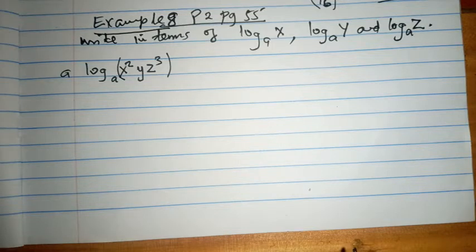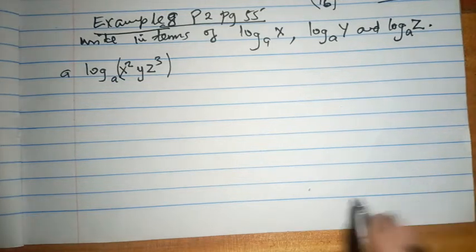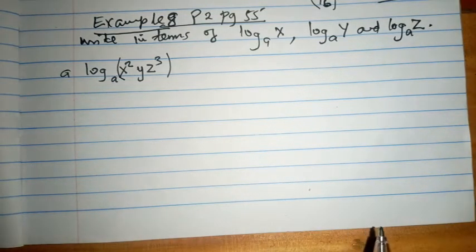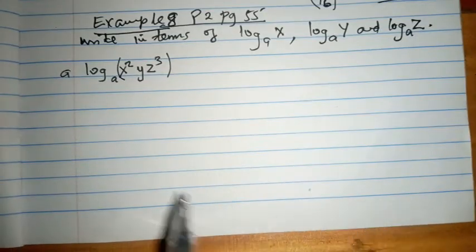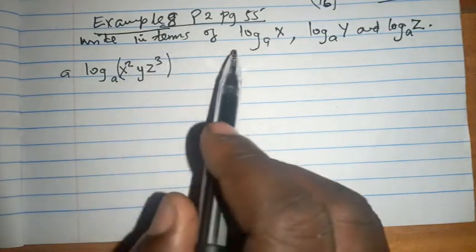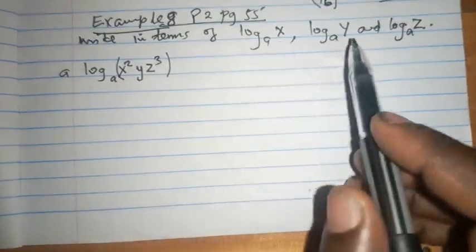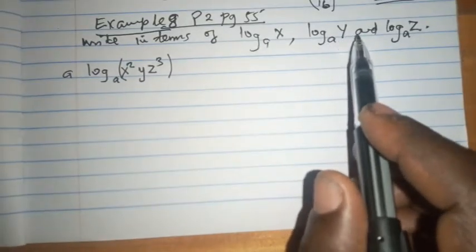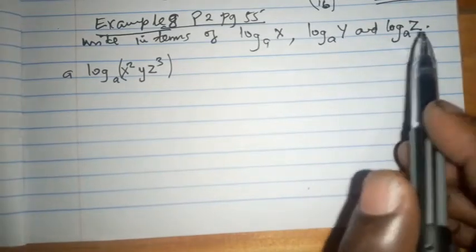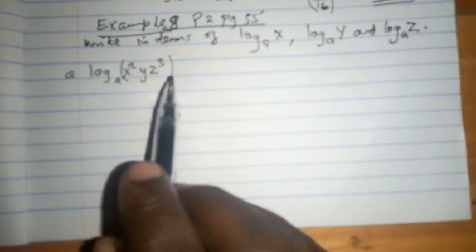The laws of logarithms are the ones which are going to be applied here. And the question is, write in terms of log to base a of x, log to base a of y, and log to base a of z the following.